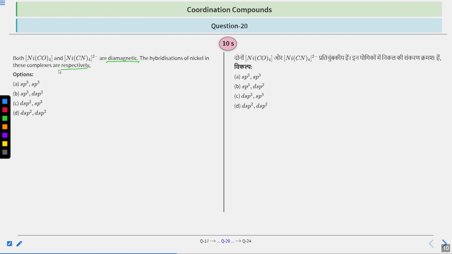So we have to tell the hybridization state of nickel in both complexes. Options are sp3 and sp3, sp3 and dsp2, dsp2 and sp3, or dsp2 and dsp2. You have 10 seconds to solve this question. After that, we will see the answer.